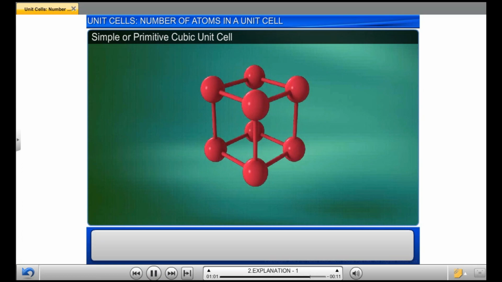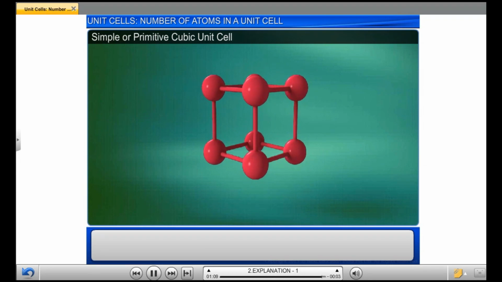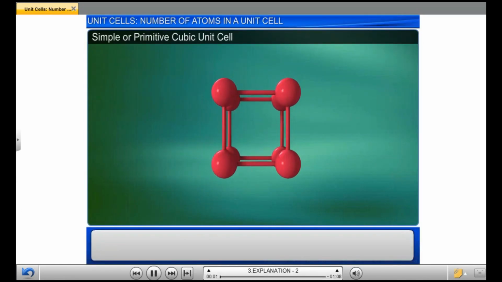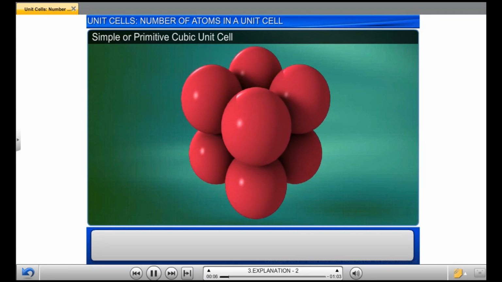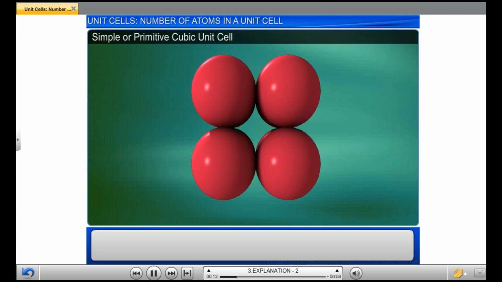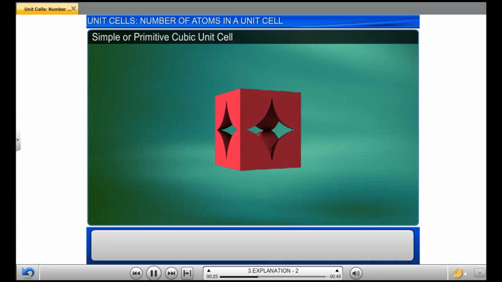In the open structure shown here, the distances between the atoms are greatly exaggerated. In reality, the atoms are packed much more closely together, as shown in the space-filling model here. The space-filling model shows that the atoms touch along the edges of the cell. By considering the portion of atoms inside the cell boundary, we can generate a unit cell of a simple cubic lattice.